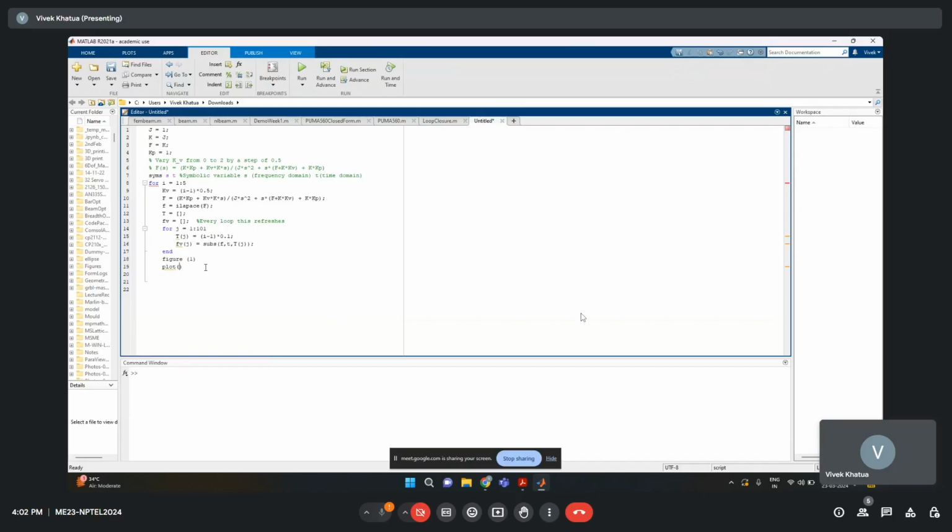So what will it be? X is t, comma, fv. Now since I want all this variation of kv to be plotted in the same figure, I'll put a hold on command. It will not close that figure, it will wait for me to close that figure.